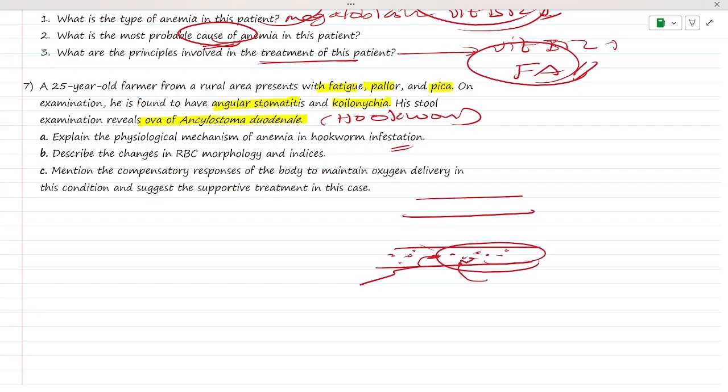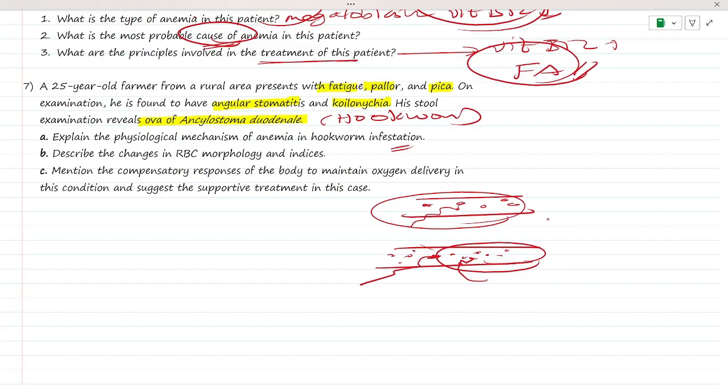So there is a chance of damage to the intestine leading to perforations. In hookworm infestation there will be chronic blood loss due to perforations. Why perforations? Because it holds the intestine firmly, leading to the formation of holes and damage to the intestinal area, and leading to perforation and blood loss.